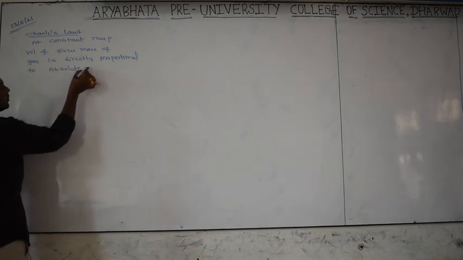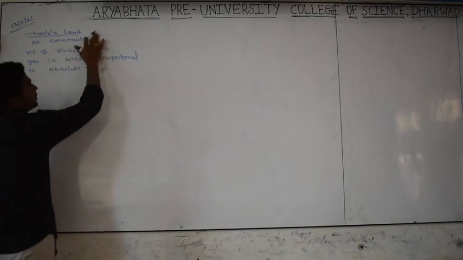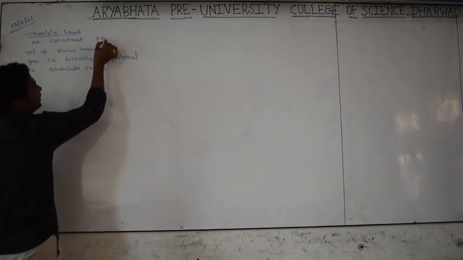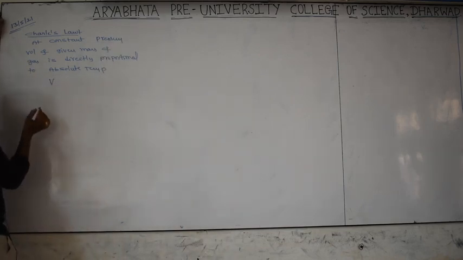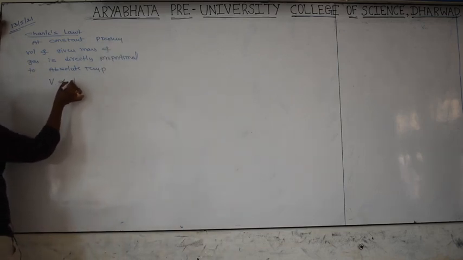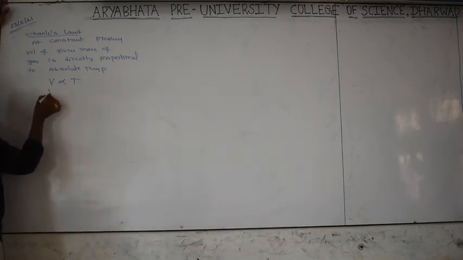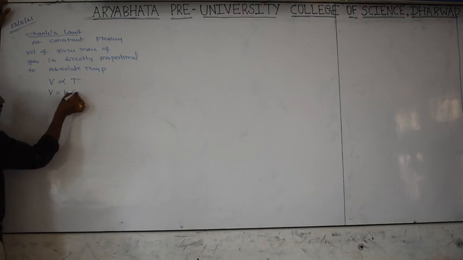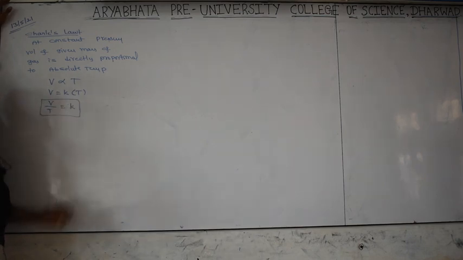So the volume V is directly proportional to absolute temperature, capital T. We can write V equals some constant times temperature, then V by T is equal to a constant. This is the Charles law equation.